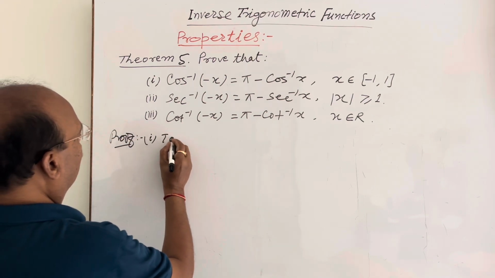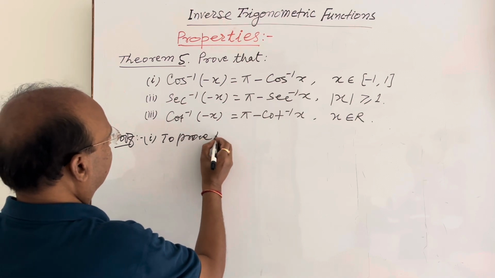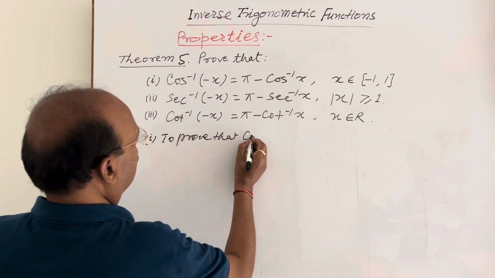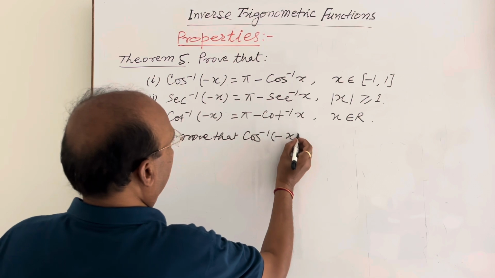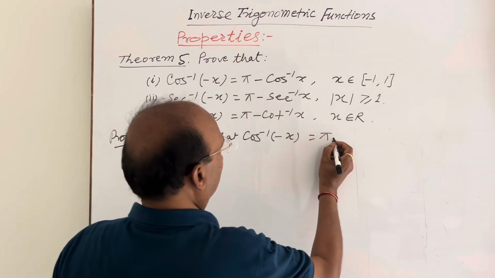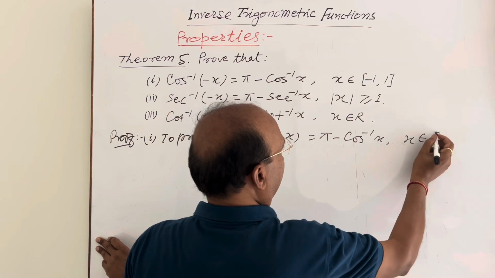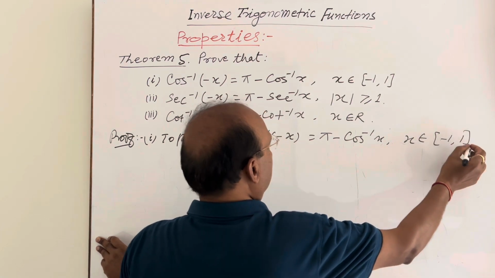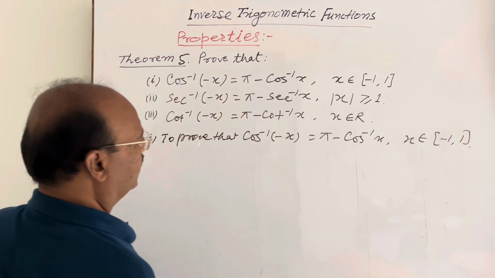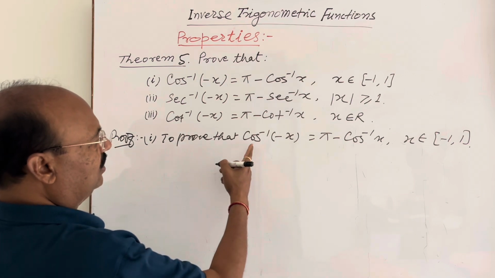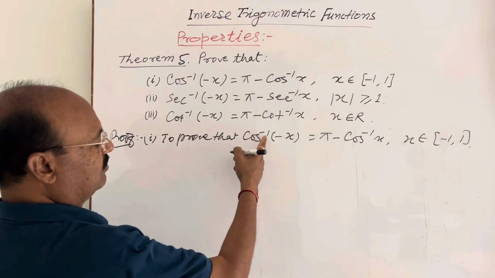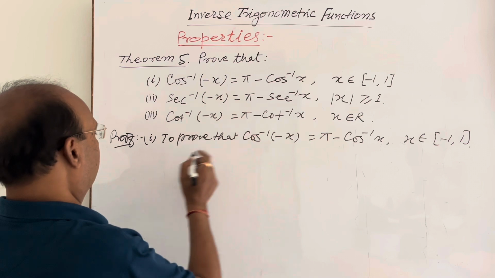First, to prove that cos inverse of minus x is equal to pi minus cos inverse x. Here x lies in the interval minus 1 to 1. Here we will start from the supposition cos inverse of minus x is equal to theta.